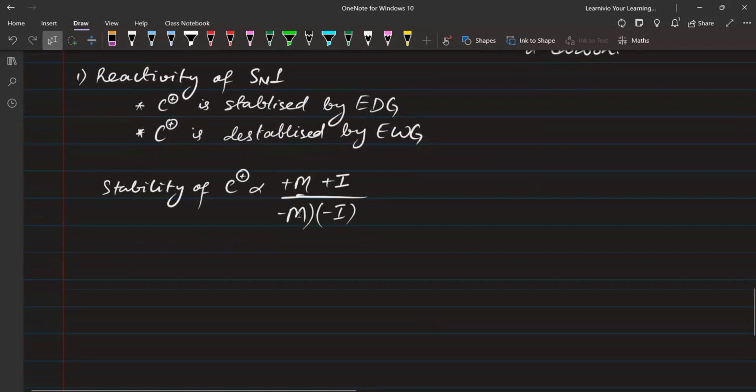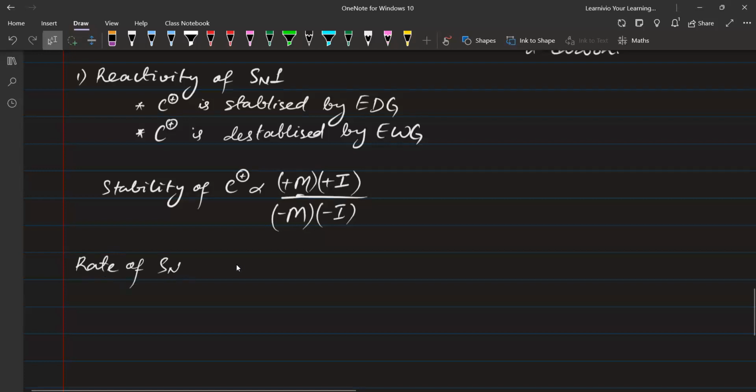That means plus M and plus I groups are going to stabilize the carbocation by giving them electron density, and minus M and minus I are going to reduce the electron density, making it more and more unstable.